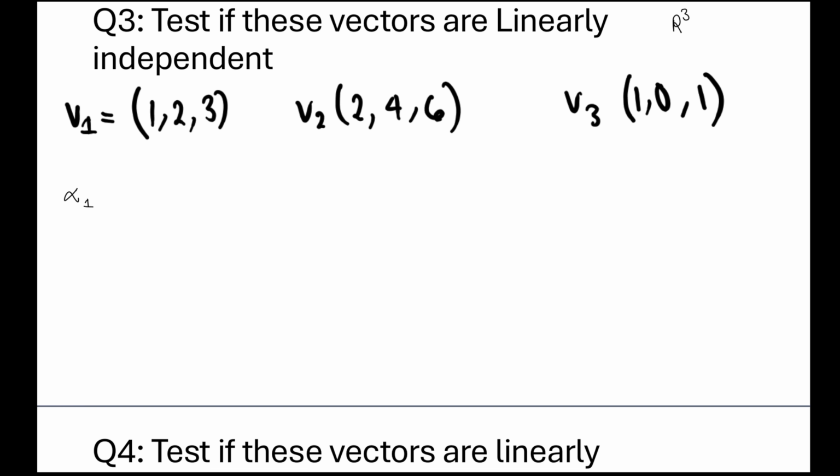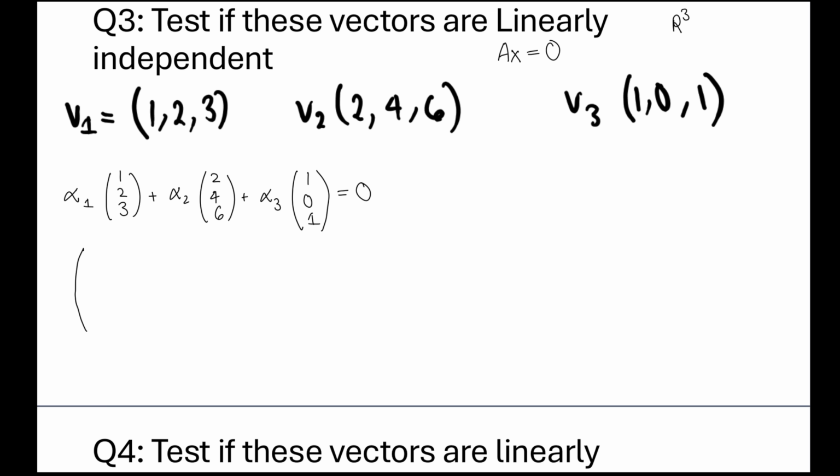Putting them into our vector equation, we have alpha 1 (1, 2, 3) plus alpha 2 (2, 4, 6) plus alpha 3 (1, 0, 1), which is equal to 0. And from before, we can put this equation into the form of A, where A is a matrix, multiplied by x, which is a vector, and it's going to equal 0.